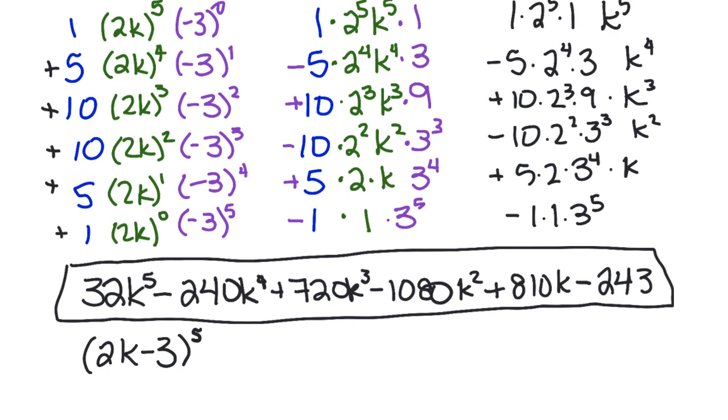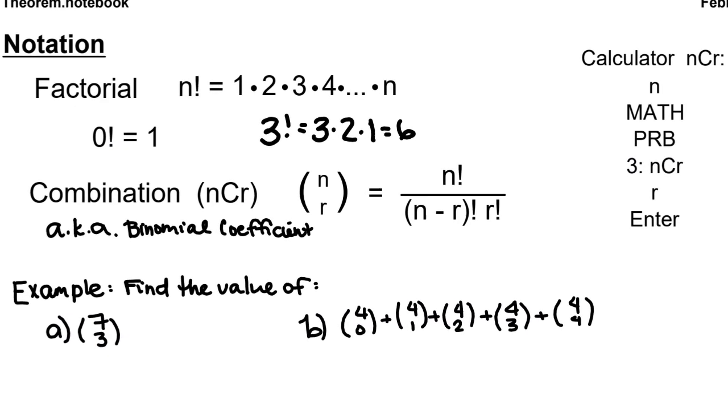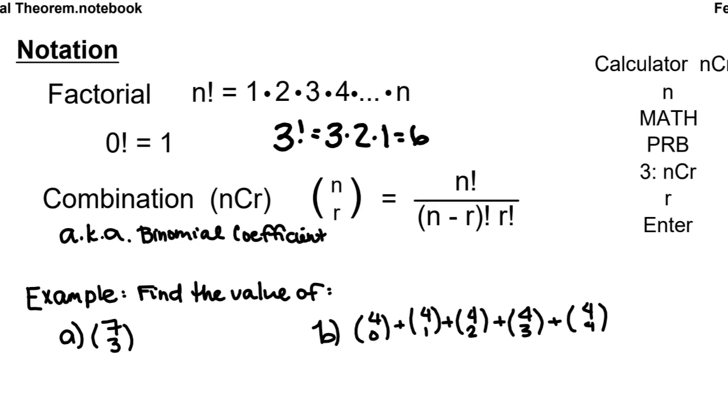So there's also a way you don't have to know Pascal's triangle. So we're going to go over a couple notation things. A factorial is an exclamation point, and you are going to take the number and then multiply any of the previous integers down to 1.